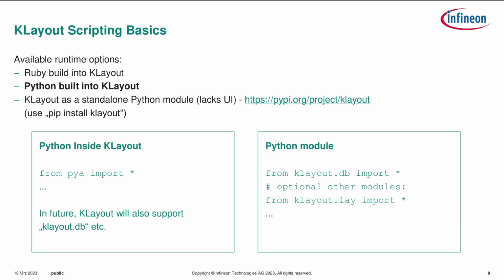And there are also other submodules like LAY, which is the visual part. This Python module does not come with user interface integration because it doesn't link against the Qt framework. It just comes with very basic functions like screenshot ability and things like that. So it can be used in environments where you want to generate pictures, but it cannot generate user interfaces.